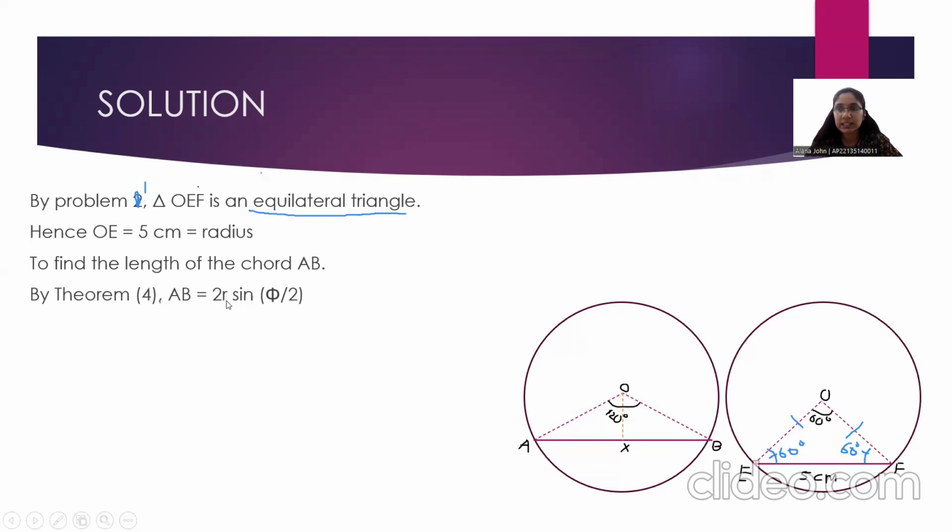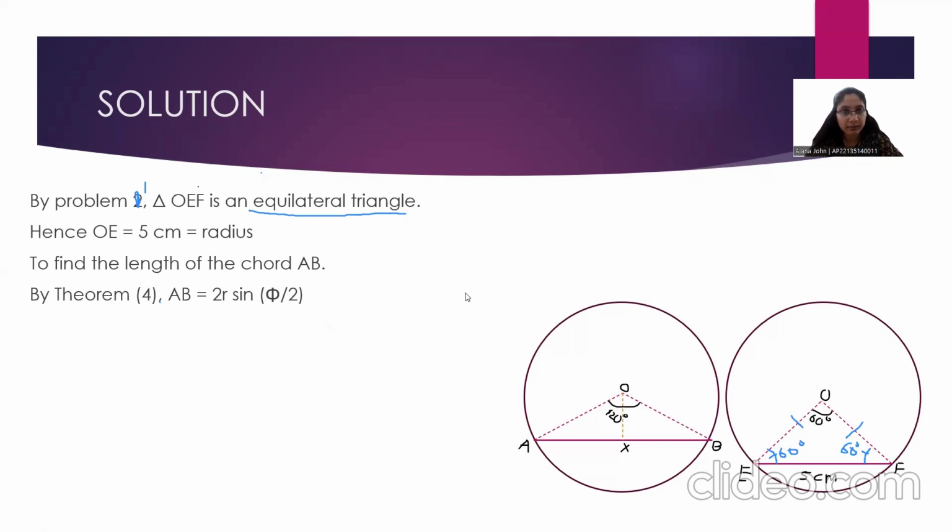Here R is the radius of the circle, and phi is the angle subtended by the chord at the center. We have already shown that the radius R is 5 centimeter, and the angle phi is 120 degrees. So we can apply those here.